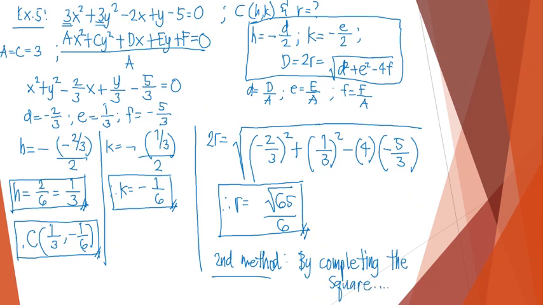So you have two options to determine the center and the radius given the general equation of the circle. That will be for example 5. Stay tuned for our next examples.